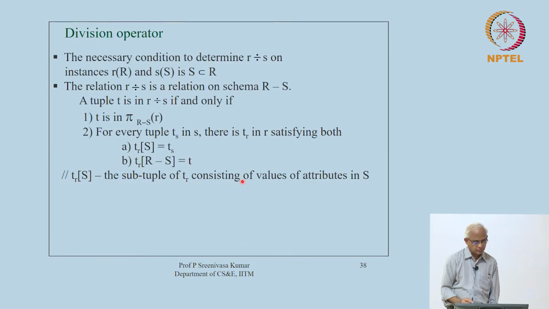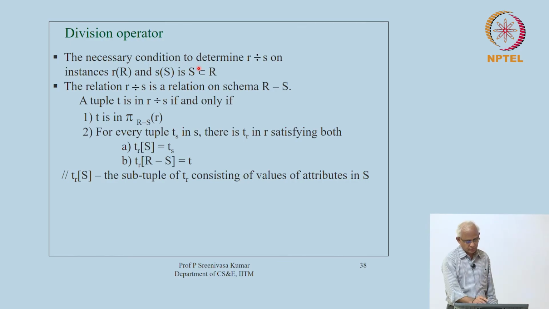Moving on, here is another interesting kind of operator, called the division operator. It gets used in certain very specific kinds of situations. So here are the details of the division operator.